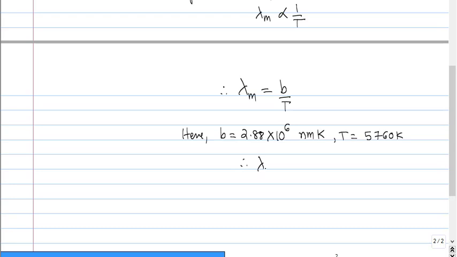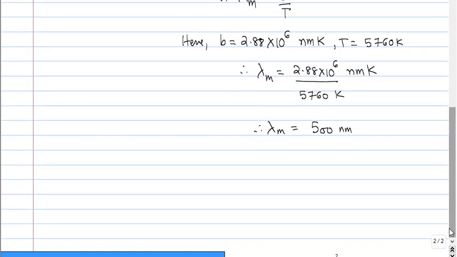Therefore the wavelength works out as, this maximum wavelength lambda works out as around 500 nm. This is what we can say from the given data.